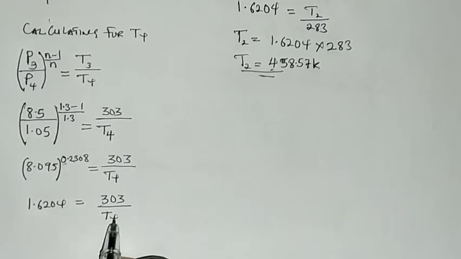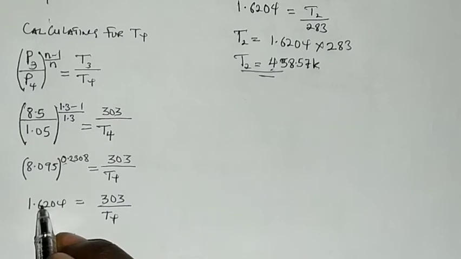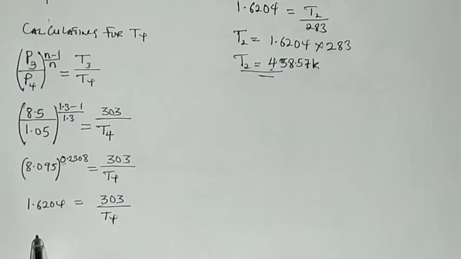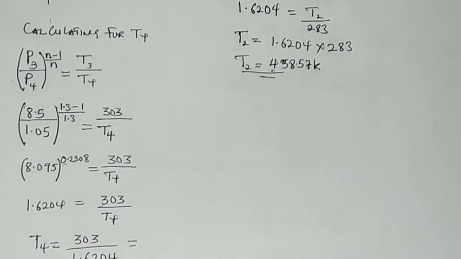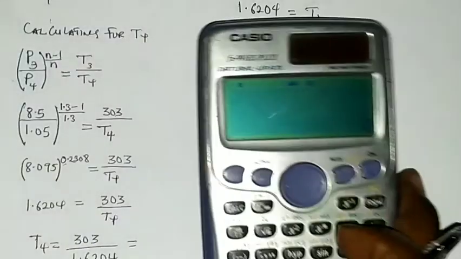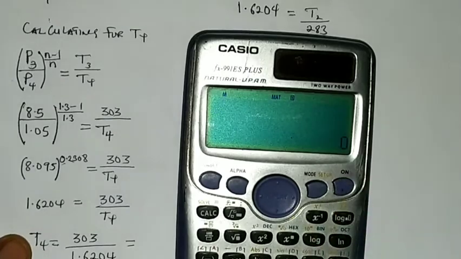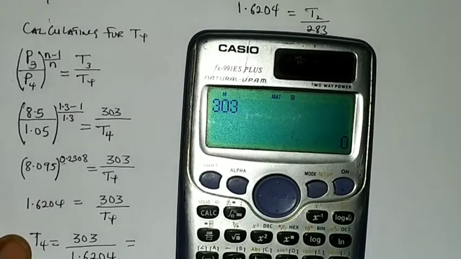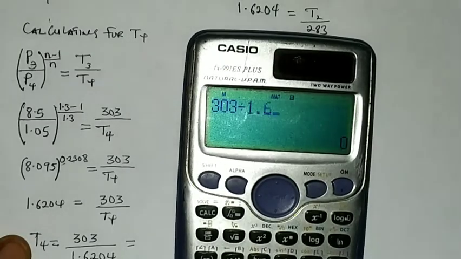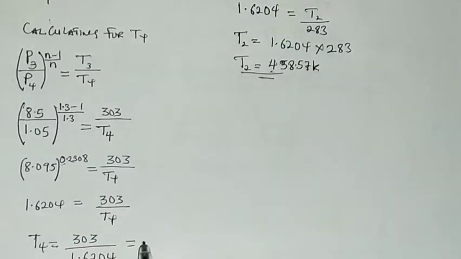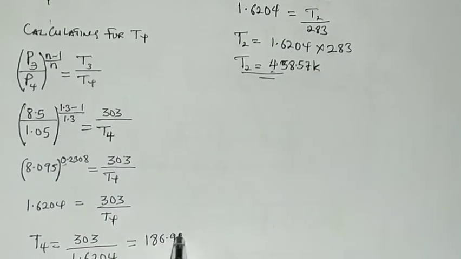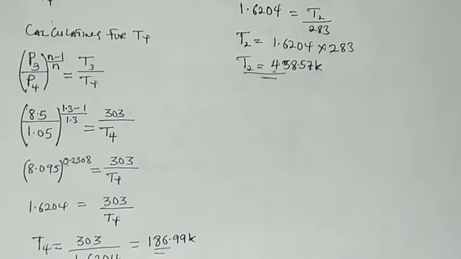Taking T4 to this side, T4 equals 303 divided by 1.6204, which gives 186.99 Kelvin. That is my T4.